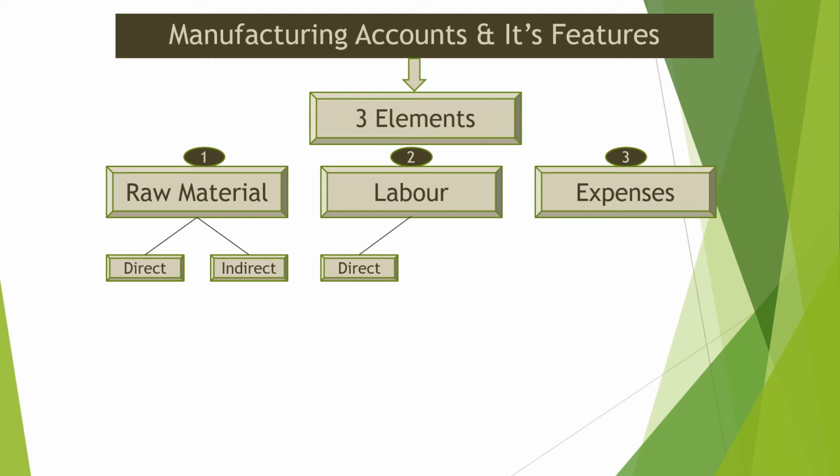Direct labor. The labor which is directly involved in production of a specific product will be called direct labor. In case of a furniture factory, the carpenter cost will come under direct labor. Indirect labor.